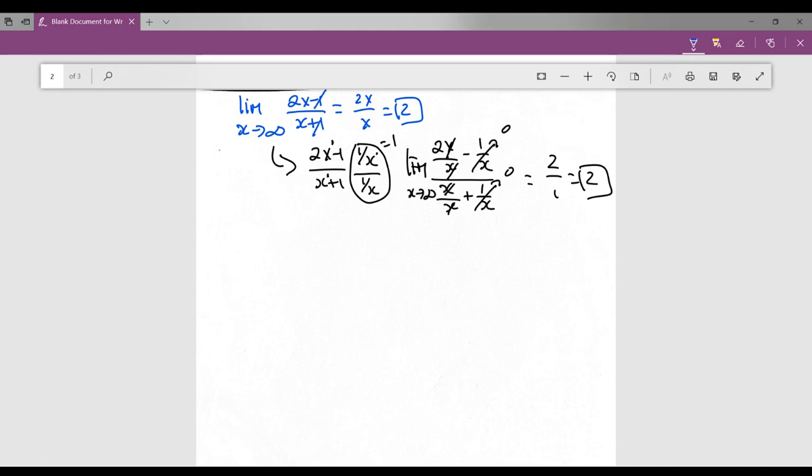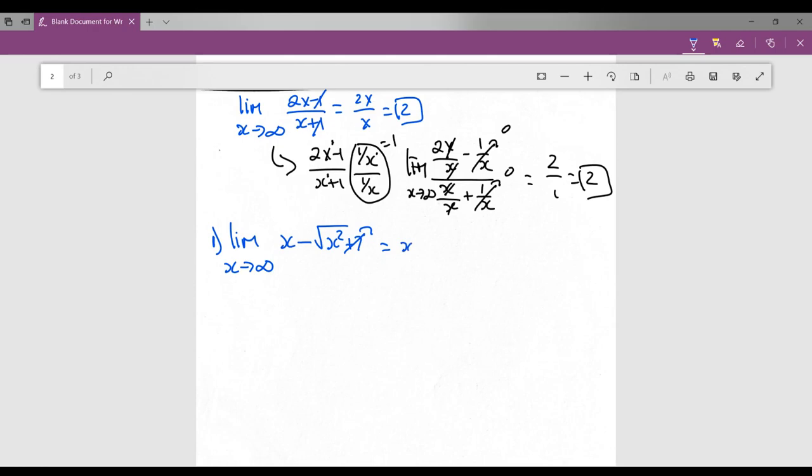So, what if you have a question like this? Find the limit as x goes to positive infinity of x minus the square root of x squared plus 7. So right away we go, okay, we want to cancel the constant.